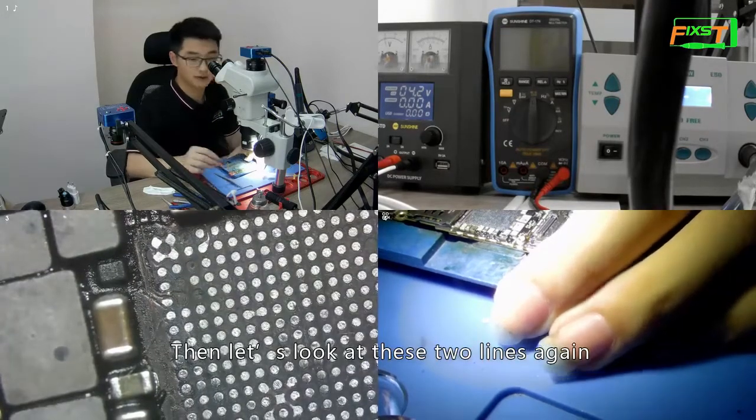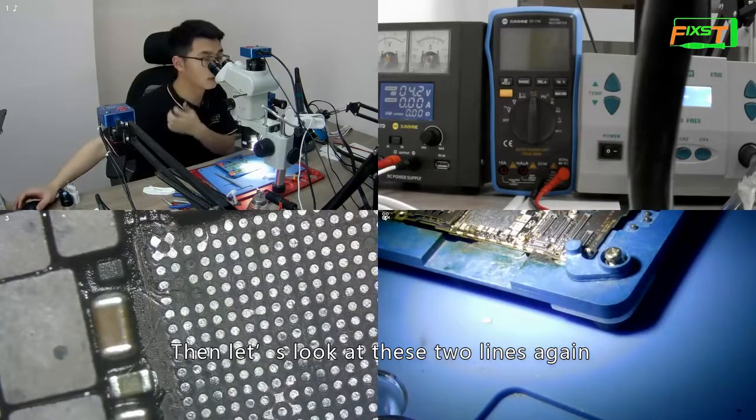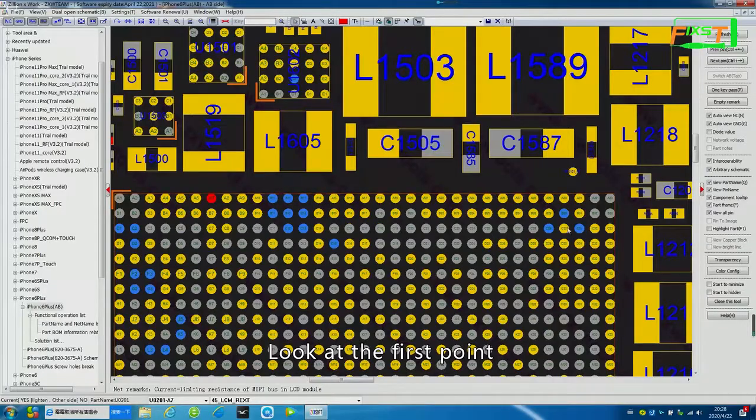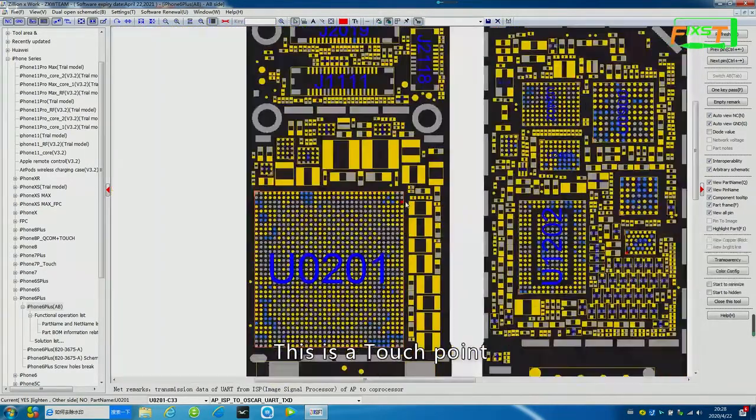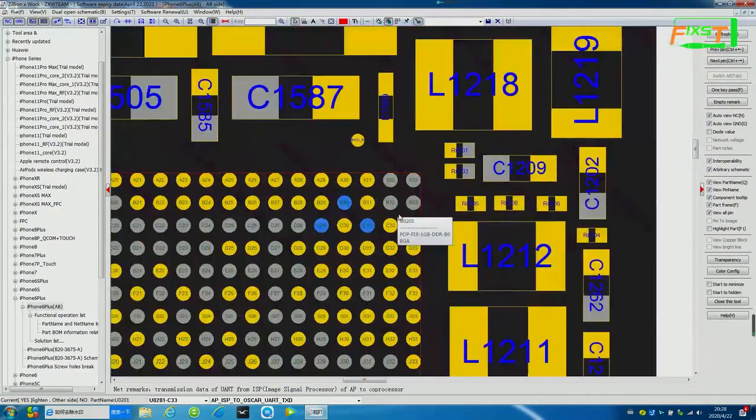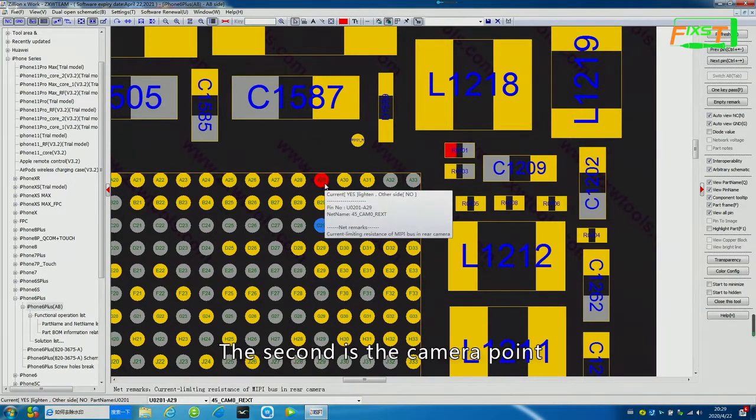Then let's look at these 2 lines again. Look at the first point. This is a touch point. The second is the camera point. These are useful lines.